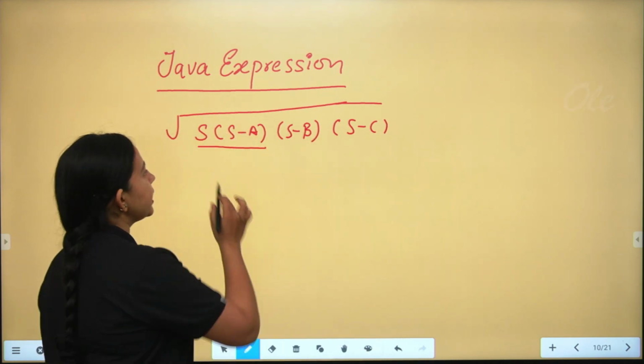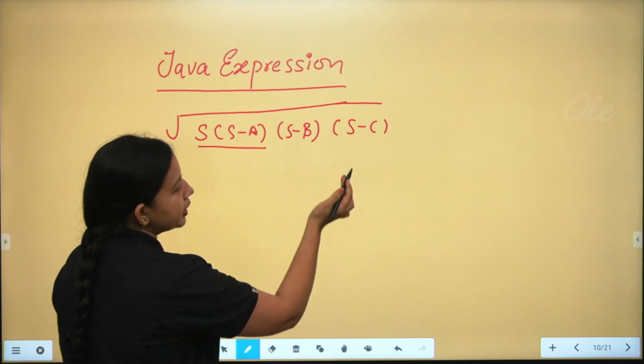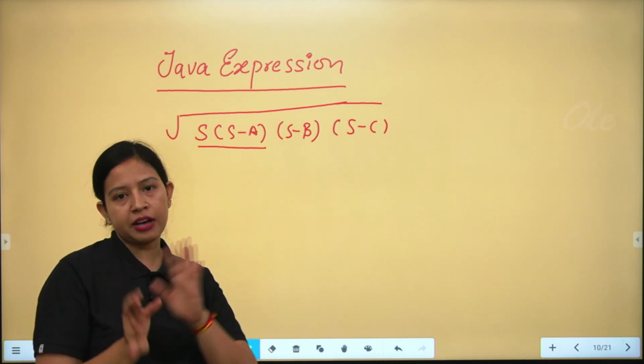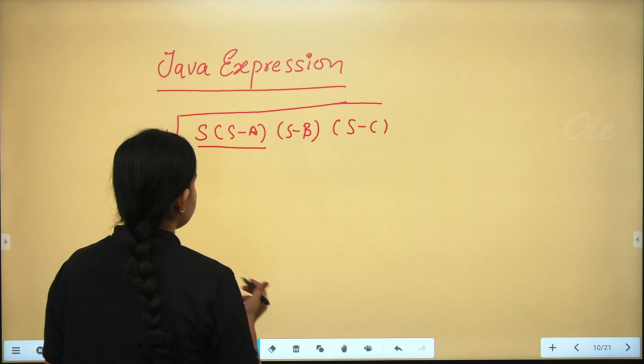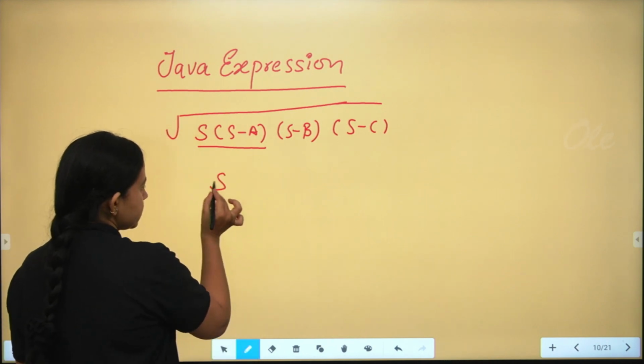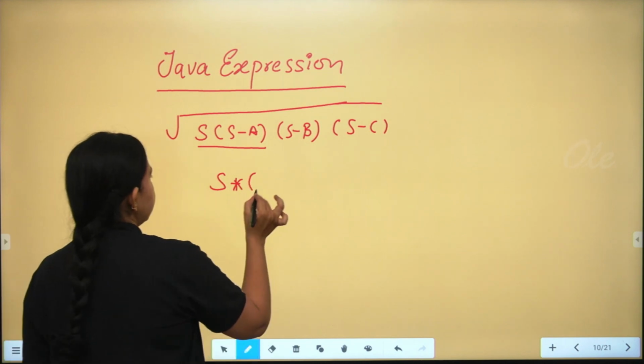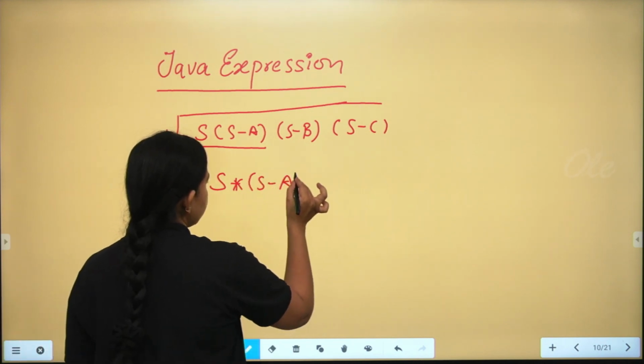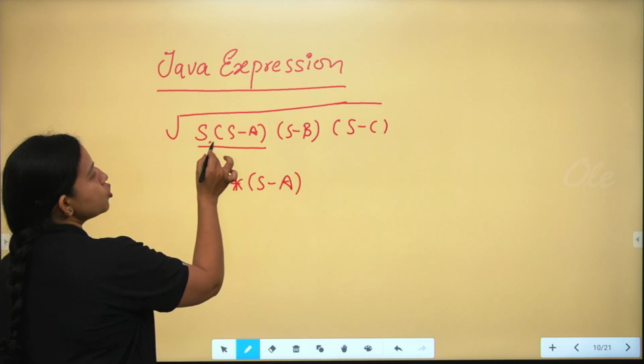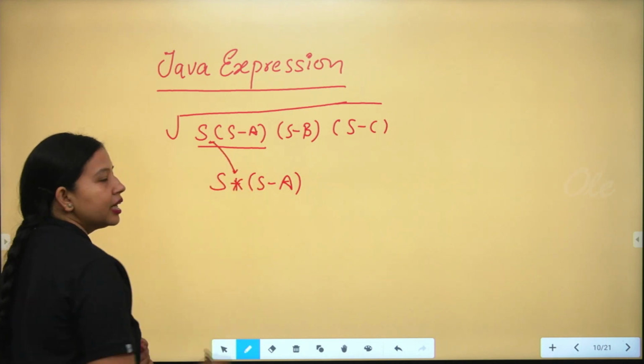As you can see, S minus A, S minus B and S minus C don't have any operators. So firstly we'll give S into, that is called asterisk in Java, S minus A. Now you can find the difference over here: there was no operator, now it's having an operator.